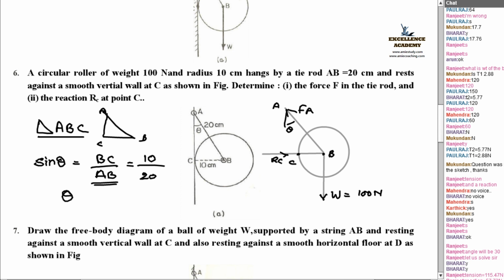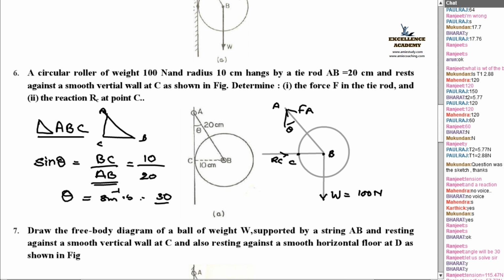So what will be theta? Sine inverse of 10 by 20, that means 0.5. That is, sine inverse 0.5 equals 30. So theta I got.